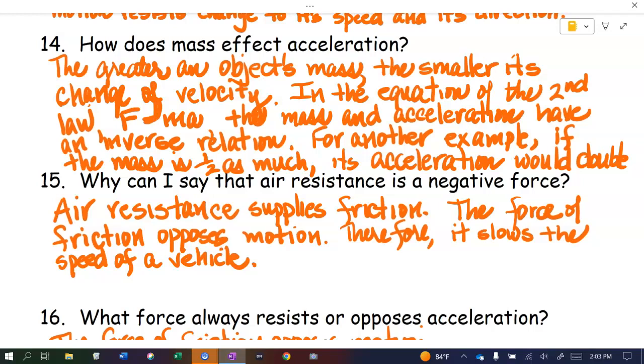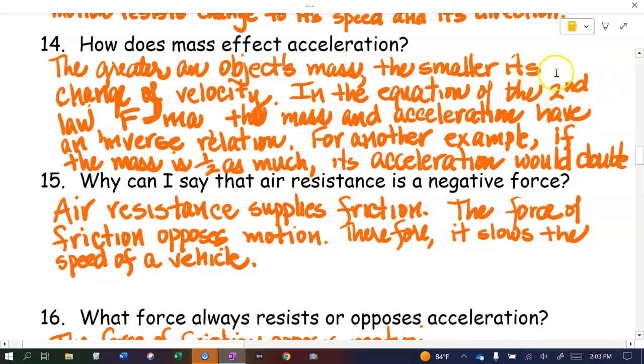So the greater an object's mass, like that of the man, the smaller the change of velocity, whereas the smaller an object's mass, like with the child, the more it will change velocity.